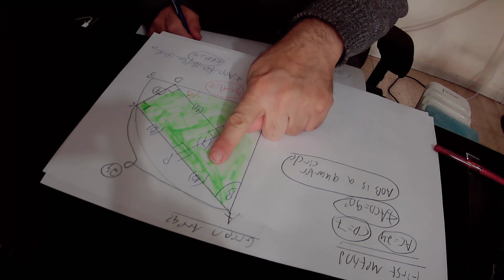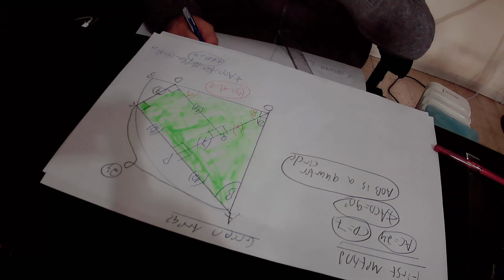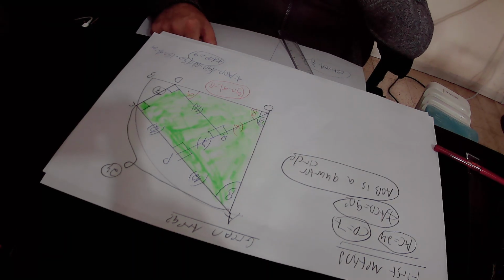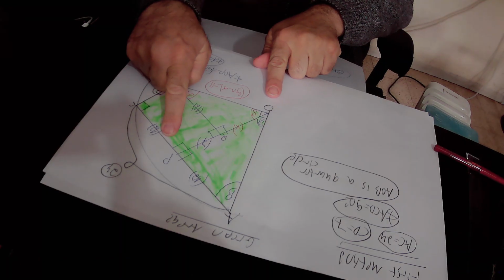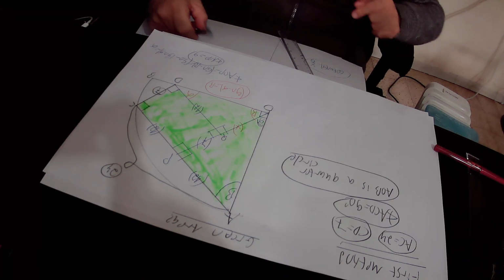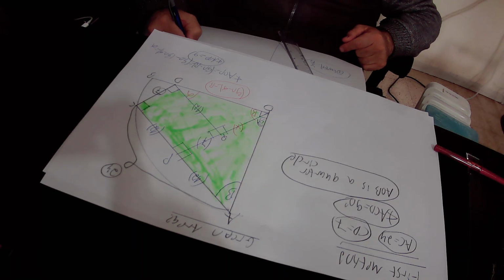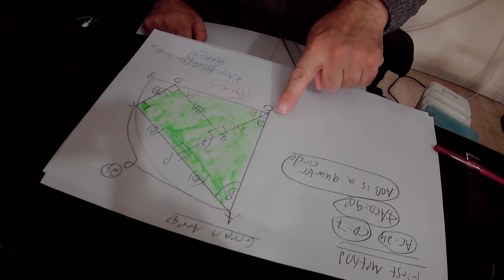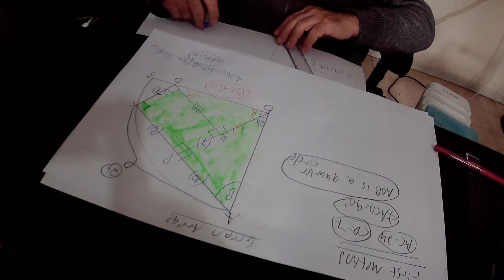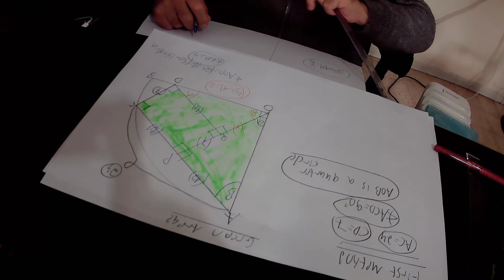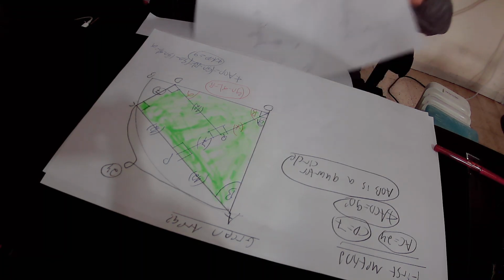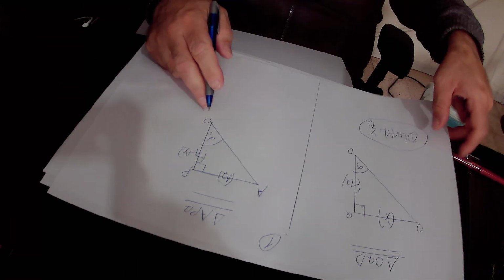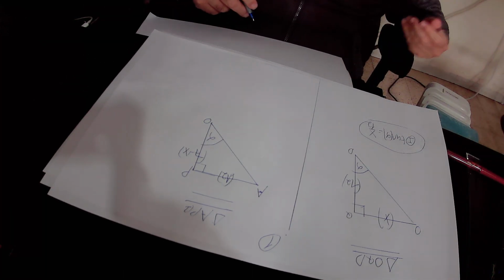Side AP equals 12 units in its length. And what is the length of side PO? From the drawing it is very easy to see that PO in total equals 7 plus 6. And angle AOP equals alpha. So this is the right triangle APO that I copied from the original drawing.